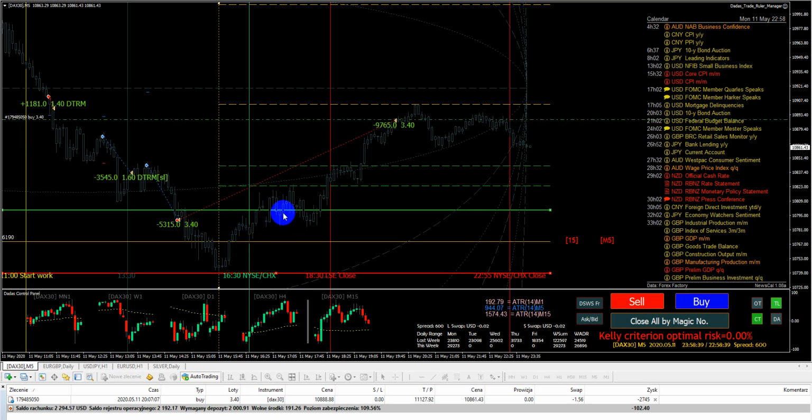And then it's pretty clear that there is no supply here. There is only demand here, right? There is absolutely no supply here. So any kind of price action going upwards like this is an opportunity for a long trade.